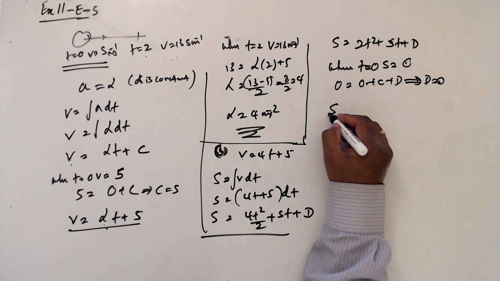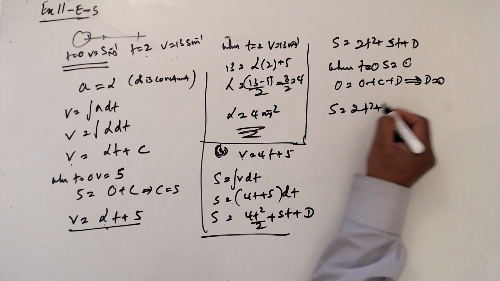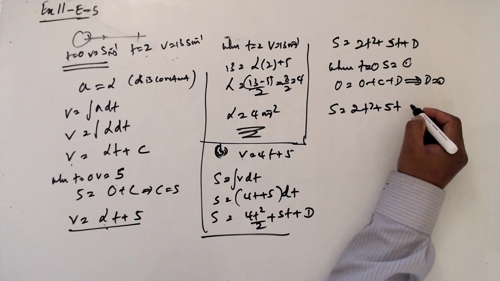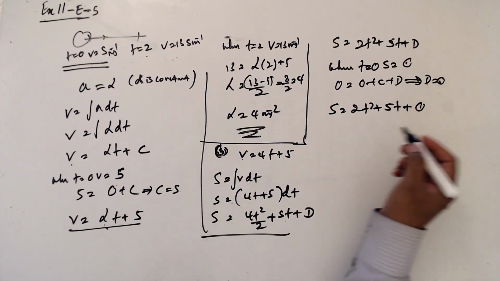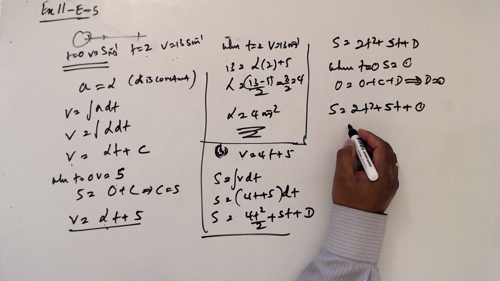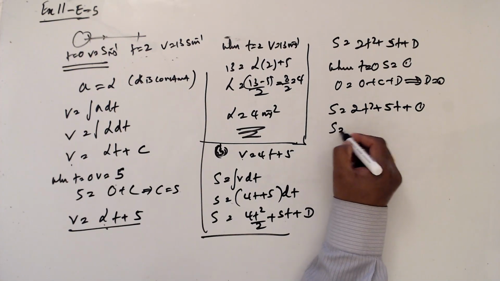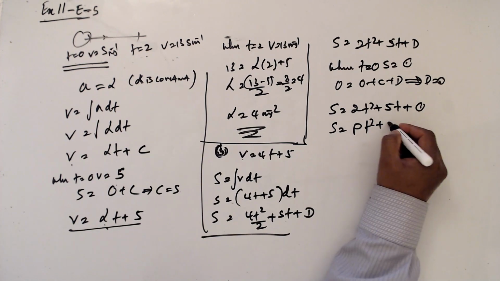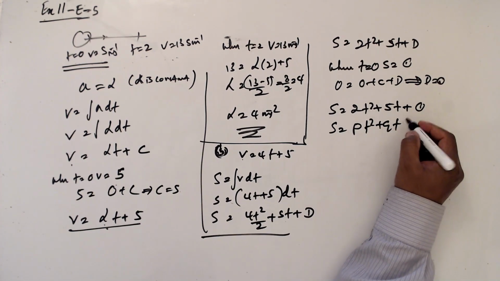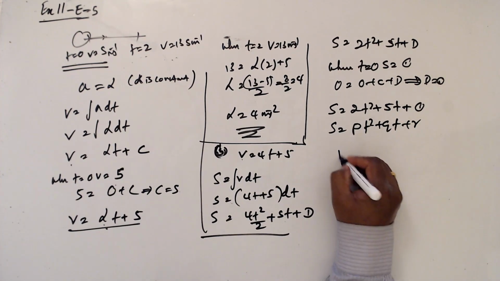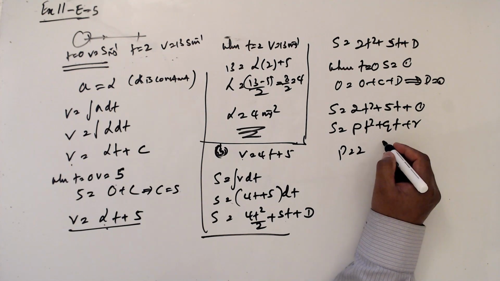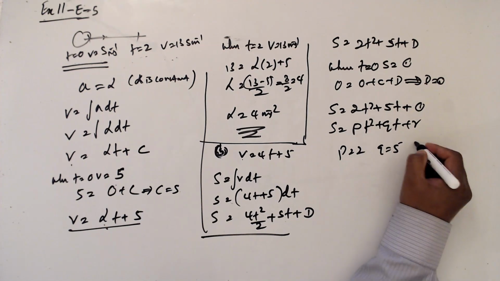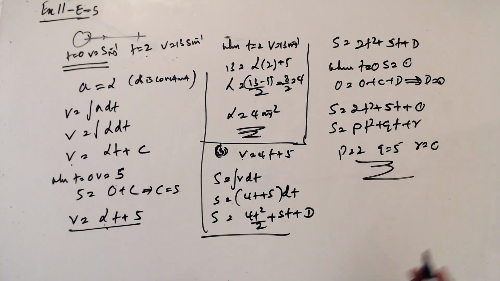So s equals 2t squared plus 5t plus 0. So s equals pt squared plus qt plus r. So p equals 2, q equals 5 and r equals 0.